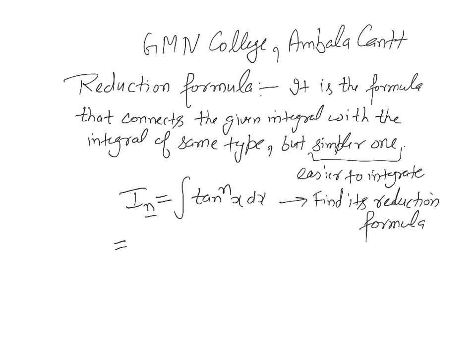Now this is tan^(n-2) x times tan square x. Can we split the integral in this form? Now this tan^(n-2) x is written separately, and this tan square x is written separately.